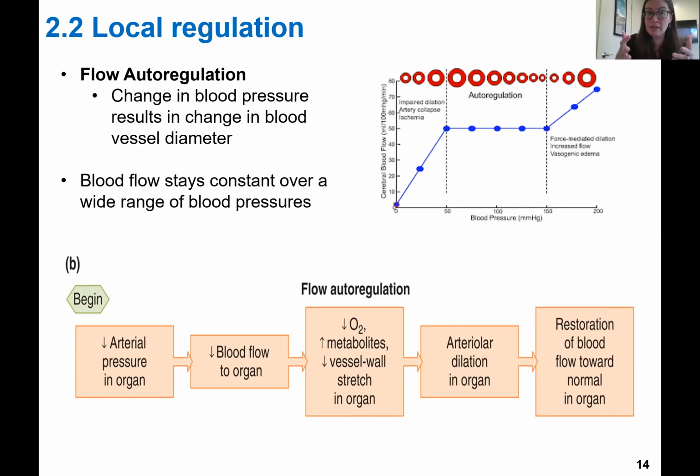So if this were in the brain, this would be bad. It would cause encephalitis. And anywhere else in the body, if it's too high, you're going to get swelling in those tissues. Edema is swelling. But it is good across a huge range of blood pressures.